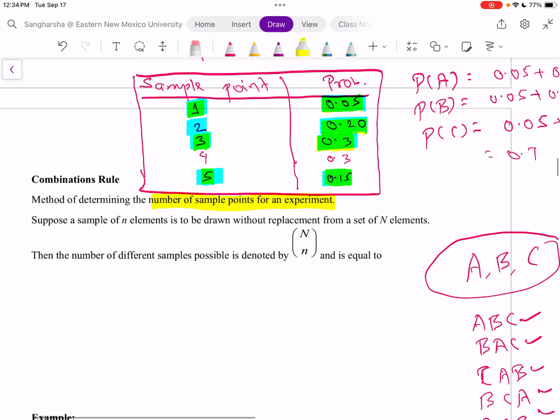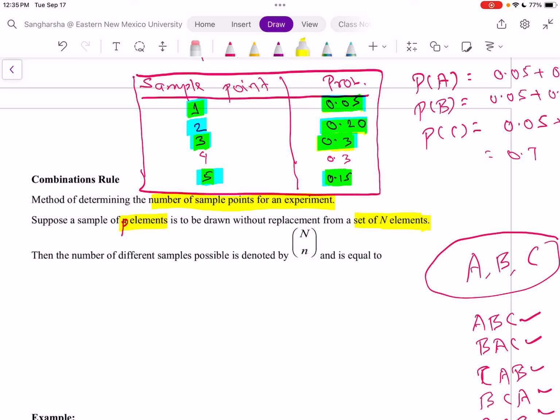Now here, let me use a different notation. So I have n, and let me call this p. Suppose a sample of p elements is to be drawn without replacement from a set of n elements. For example, we have a set of n elements, n is any number, and out of n elements we need to pick p elements.